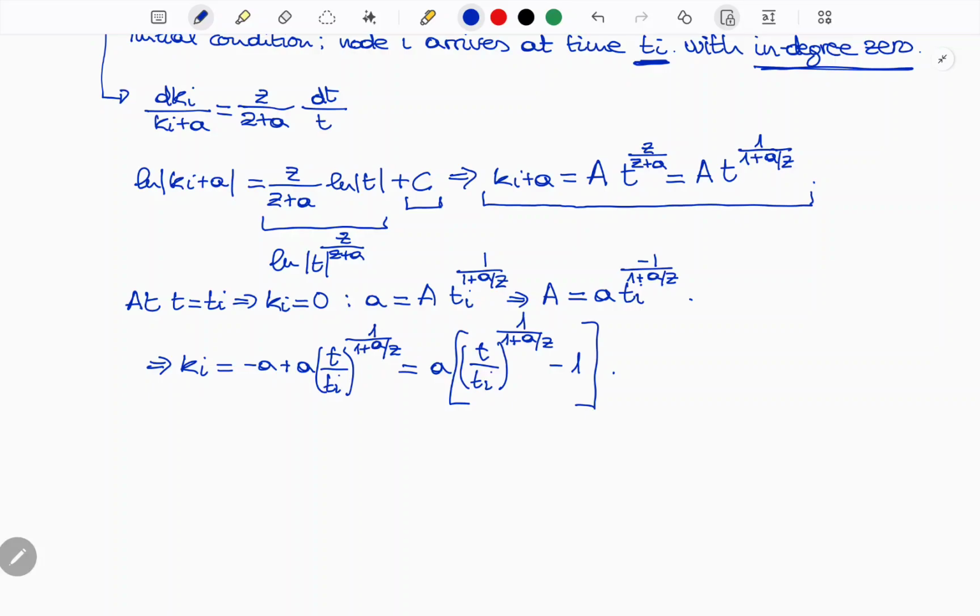So let's see how this expression works. We see that when we fix ti, this is increasing in t, meaning that once a node is born, the in degree is going to increase with time. But it's also decreasing in ti for fixed t.